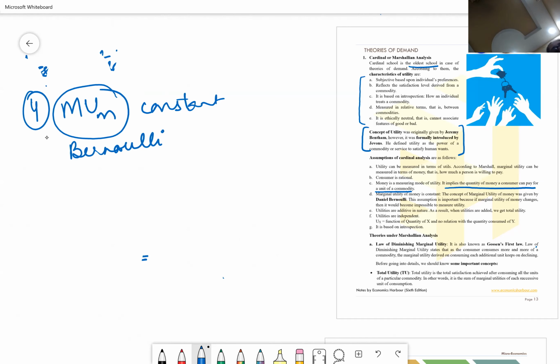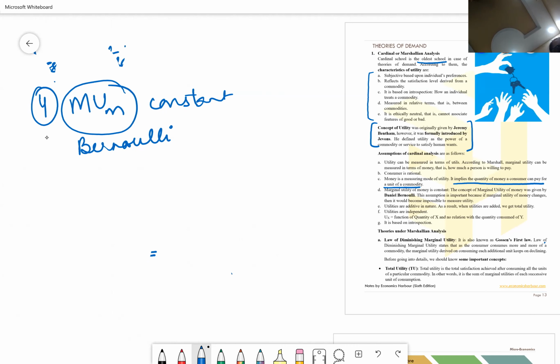Why is it important for this assumption to hold true? Why should marginal utility of money be kept constant? It is because if your marginal utility of money changes, right, then it would be impossible to measure utilities.